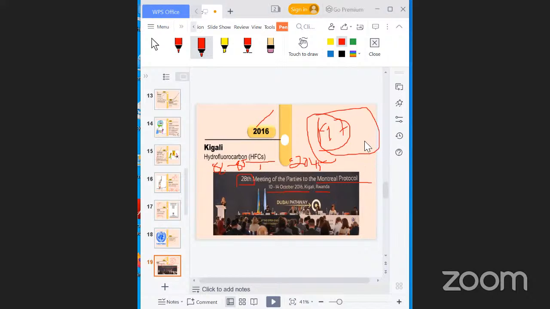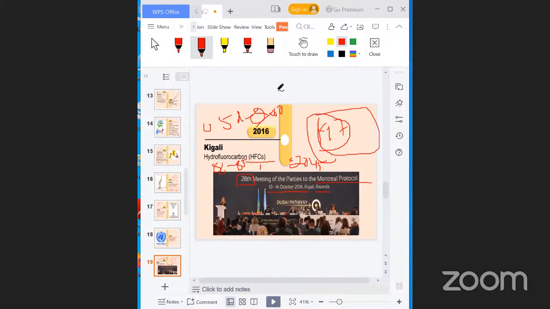This phase down is expected to avoid a global average temperature rise of up to 0.5 degrees Celsius by the year 2100.